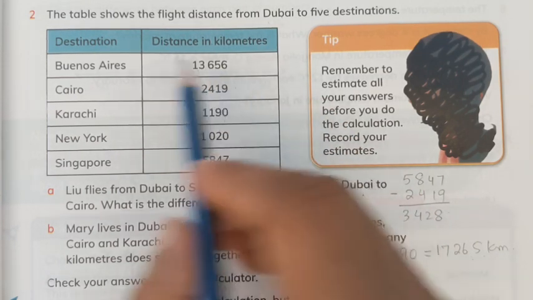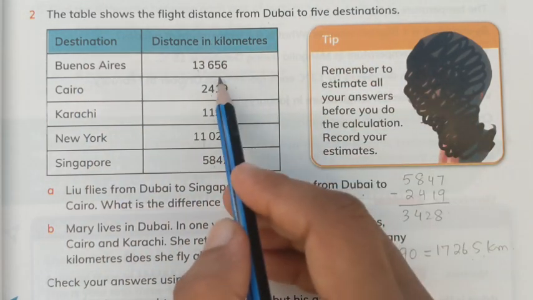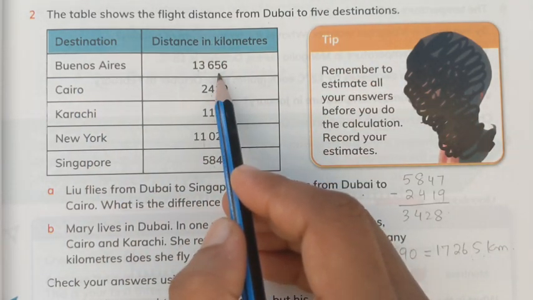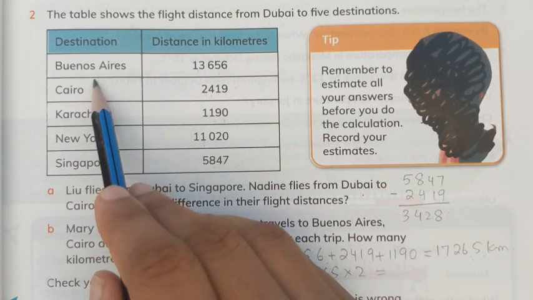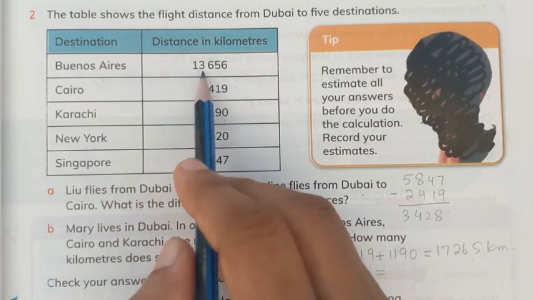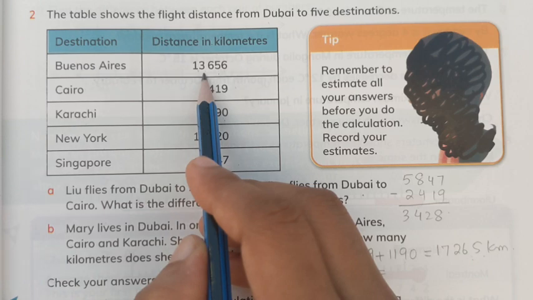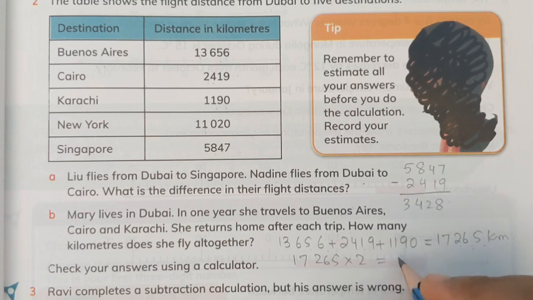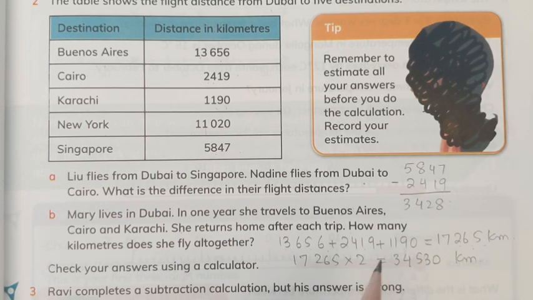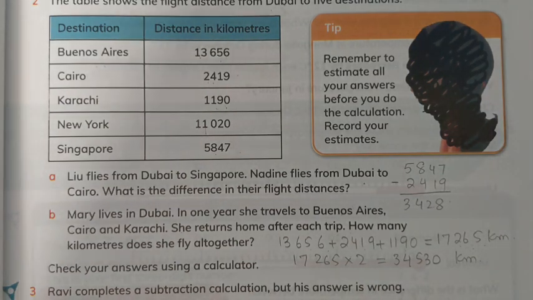But when she travels back from Buenos Aires to Dubai, it would be the same. So she is traveling 13,656 kilometers going from Dubai to Buenos Aires, and again 13,656 on the way back to her home. So we have to multiply this amount by 2 to get the total distance she has traveled in a year. So it would be 34,530 kilometers.